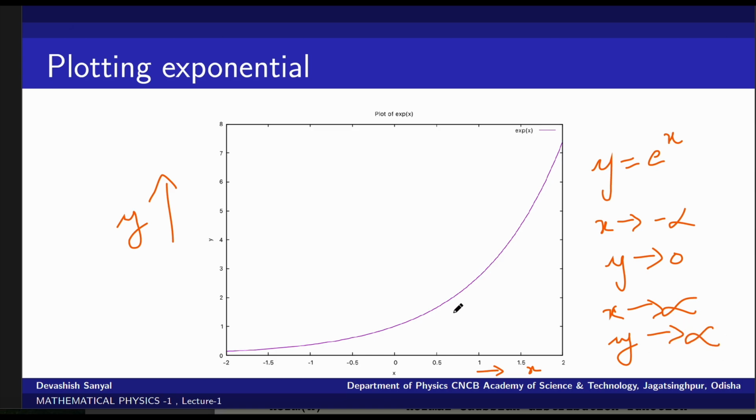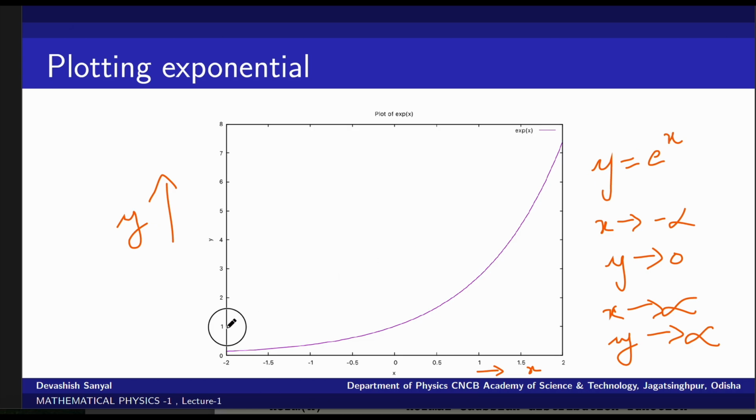So you can see here, on the left hand side x is decreasing, and it's starting from 0, then it's going up. So this is 1. At x equal to 0, y is 1.